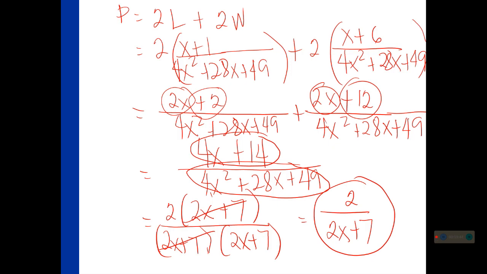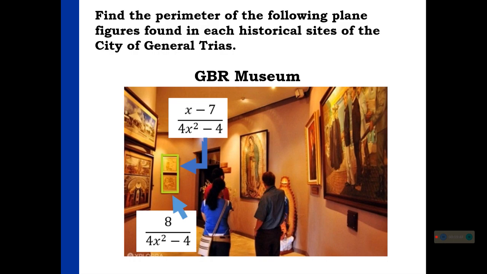Okay, any question? For the last example, let us have the rectangular figure or design in the GBR Museum. One side is x minus 7 over 4x squared minus 4, and the other side is x over 4x squared minus 4. So, we are going to use, again, the formula in finding the perimeter of a rectangle.